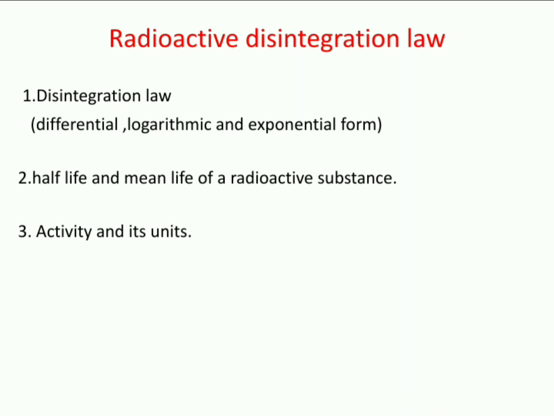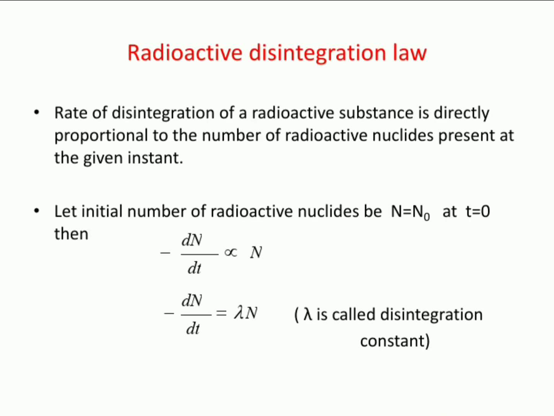Look at the statement. As the statement says, the rate of disintegration of a radioactive substance. So here the meaning of rate of disintegration is, say we started our experiment with N0 number of uranium or any radioactive substance. As time increases, some of the uranium nuclides will disintegrate into other elements to attain stability.